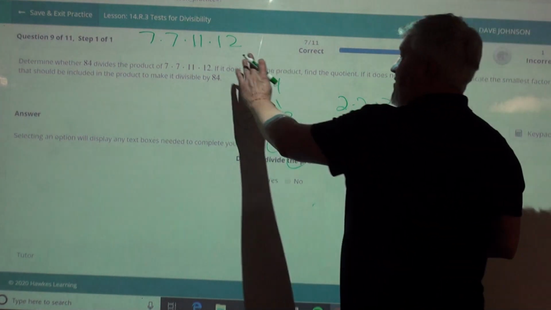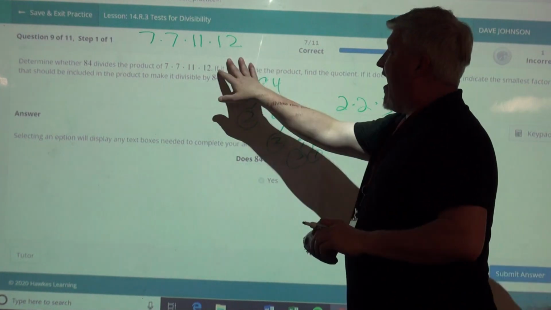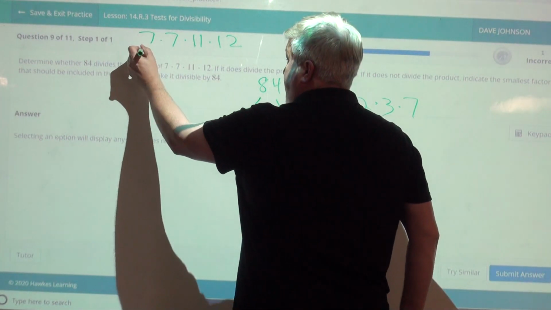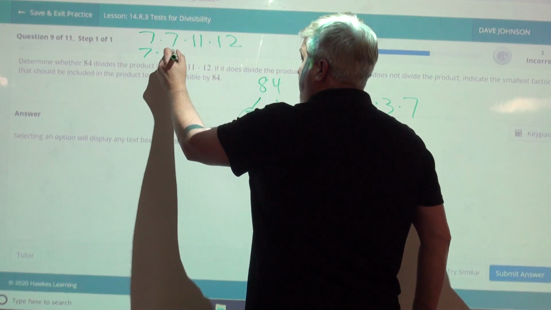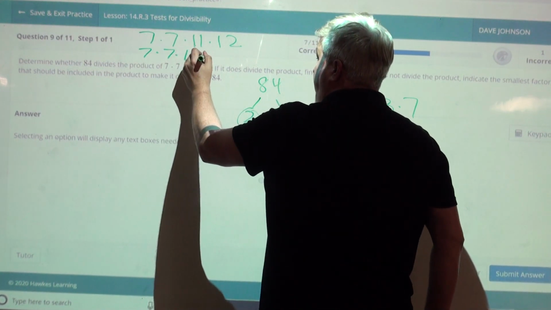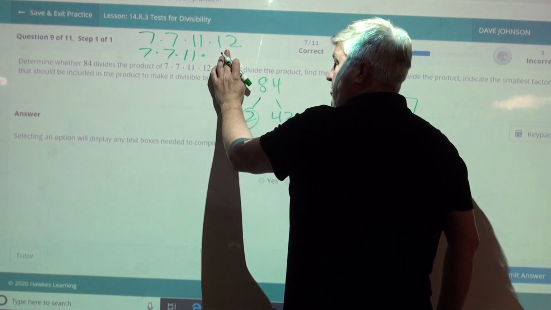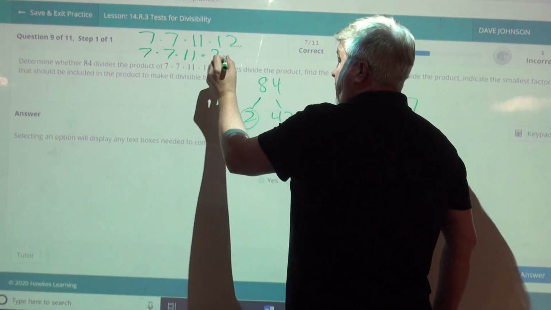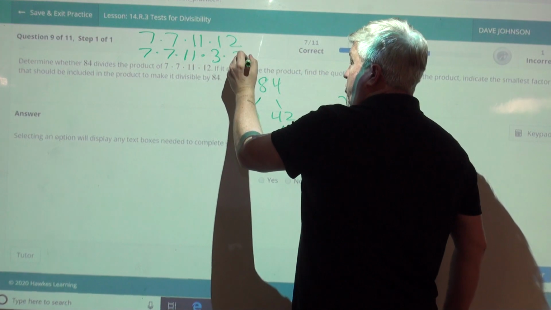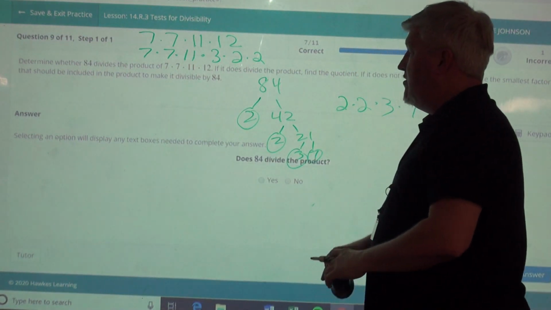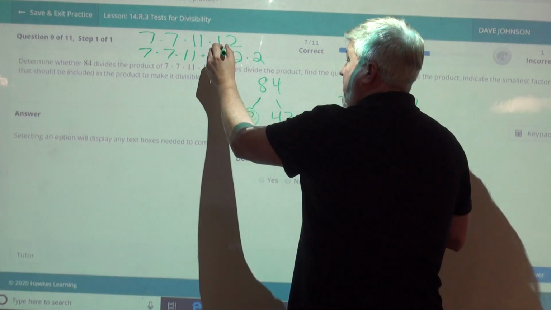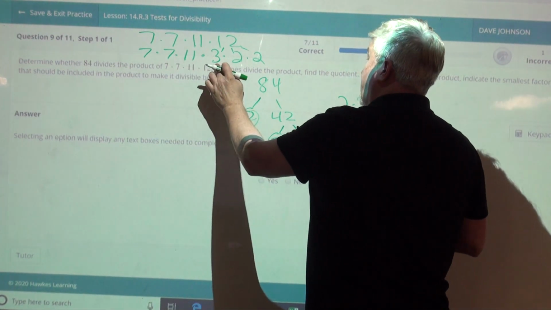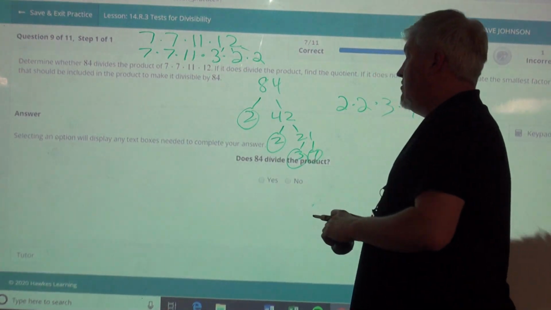So now I've got to look at my numbers up here, and if I can factor any of these, I need to do the same thing. I have 7, that's a prime number, times 7, another prime, times 11, another prime, times 12, which is 3 times 4, but 4 is also factored to 2 times 2. So I've done a factor tree here as well. So I have 7 times 11 times 3 times 2 times 2.